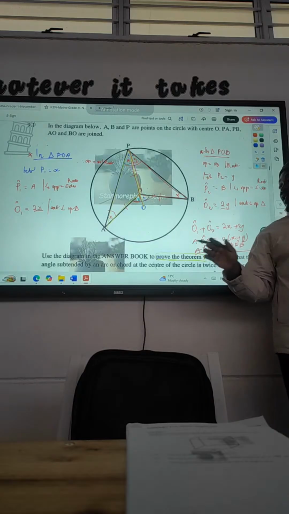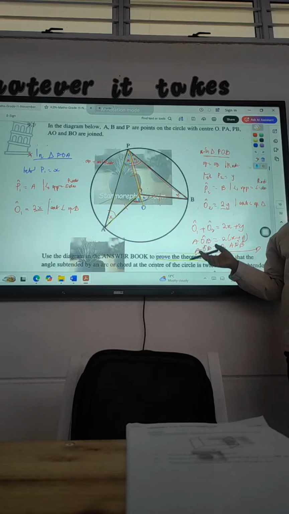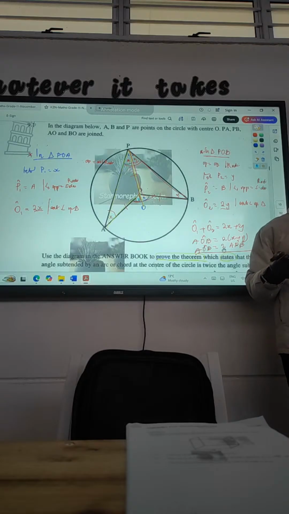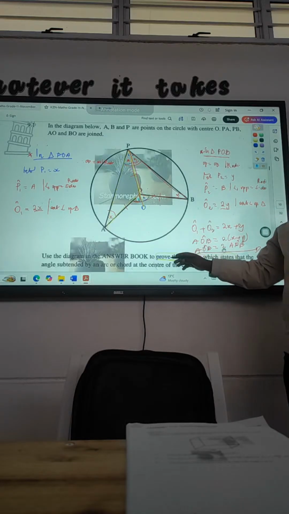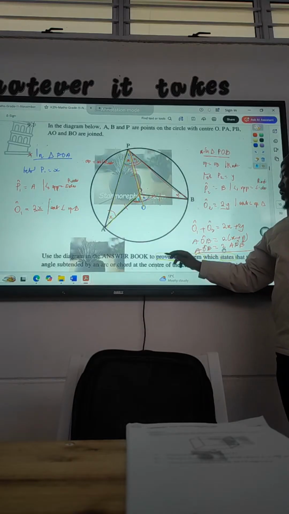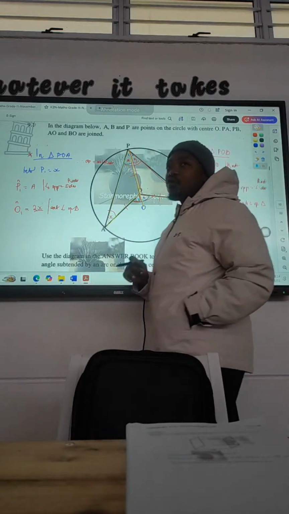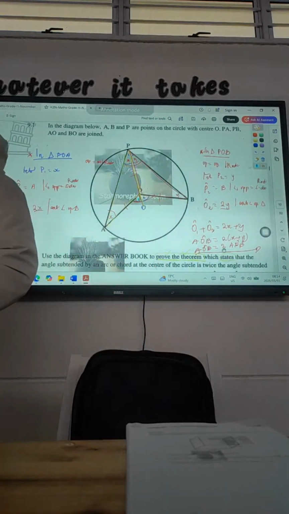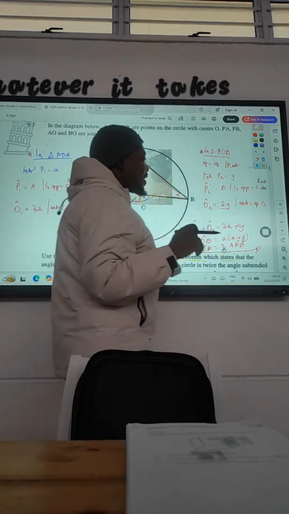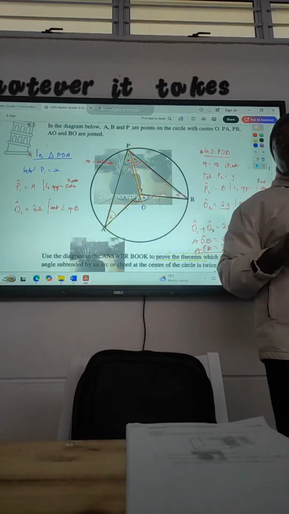But if they don't say that, if they just say prove that something is a parallelogram, or prove that something is a cyclic quad, there's no need for you to actually construct. Use what information you have. But once they say prove the theorem, so the keyword is prove and theorem in the same line, then you know that we have to construct. We are proving a theorem, so we have to construct.